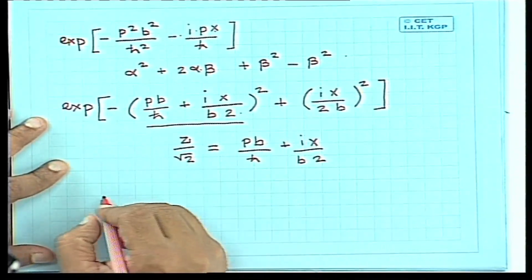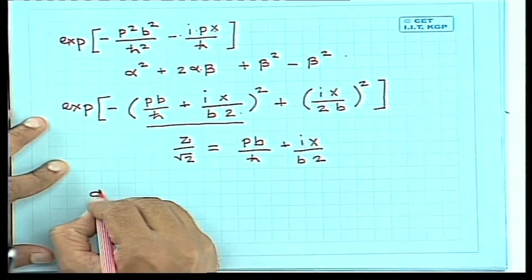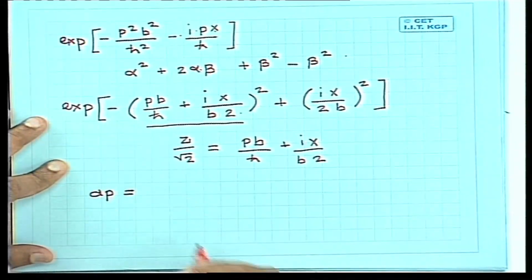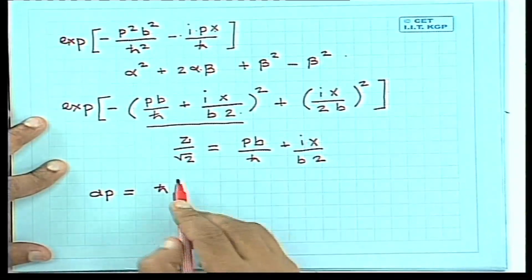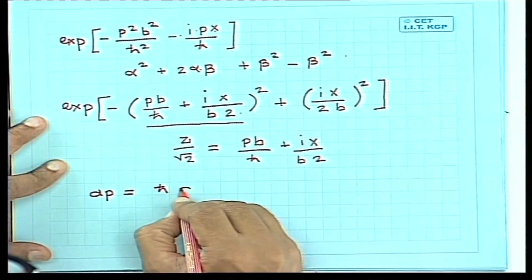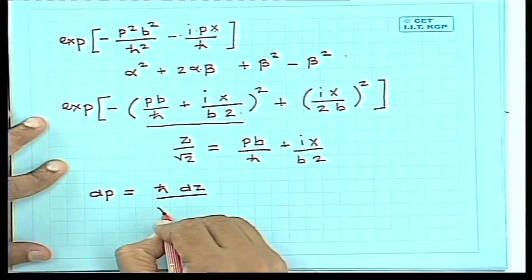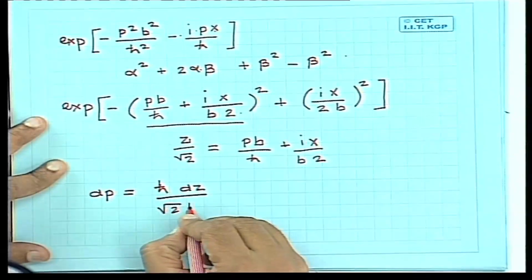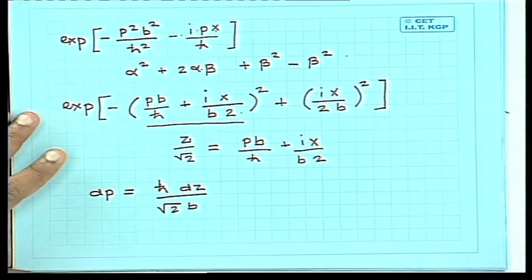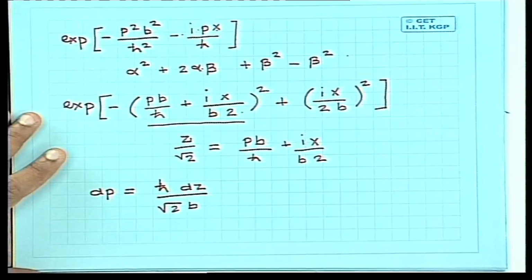Which gives us that dp is equal to h cross into dz by square root of 2 into b.